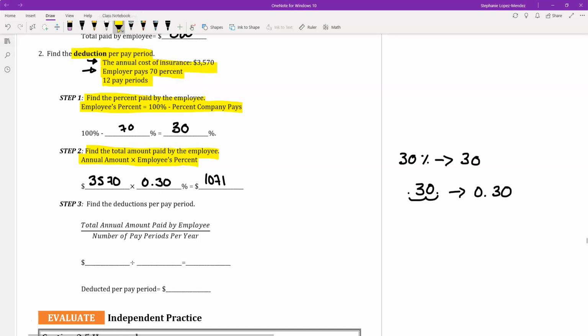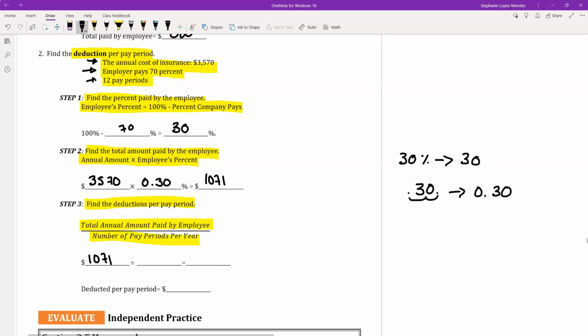Step number 3 says find the deduction per pay period. Here we use the total annual amount paid by the employee divided by the number of pay periods per year. The total annual amount paid by the employee is what I just found on step number 2, $1,071, divided by the number of pay periods per year.